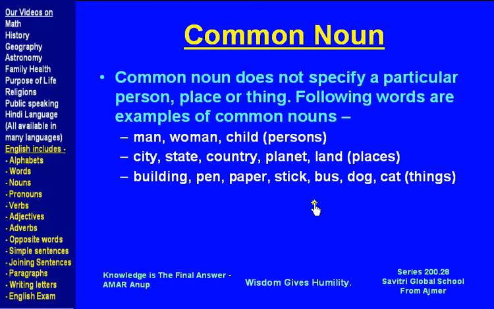They are all things, but the word building you can use for any building. The word paper you can use for any paper. Dog you can use for any dog. So they are all common nouns. When I say nouns name things or persons or places, it doesn't mean a proper name. It means it identifies them.